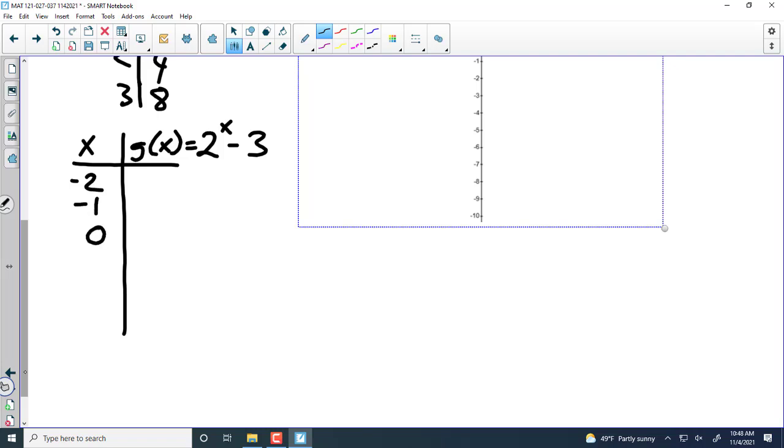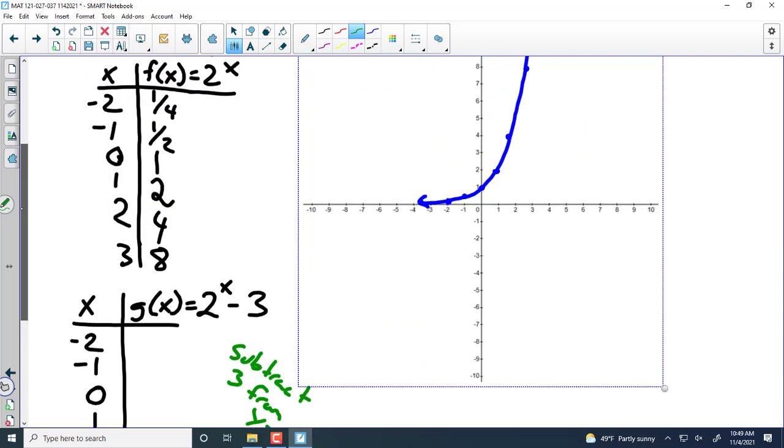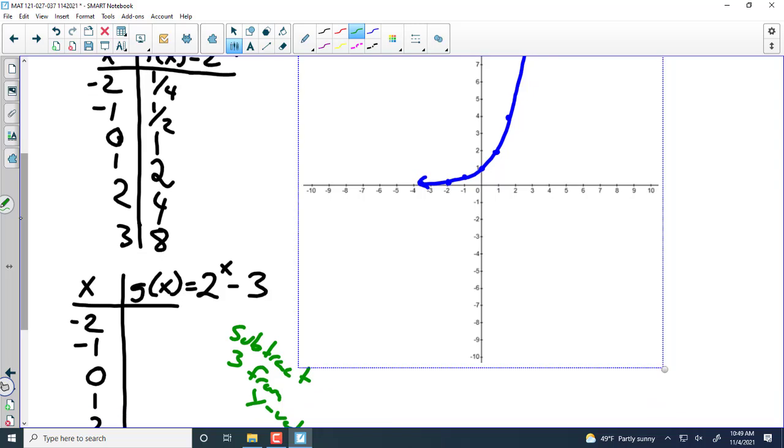And when you shift it down 3 units, that's not going to impact the x values, but you're going to subtract 3 from all the y values. So your new y values are going to become, whatever these are, minus 3.